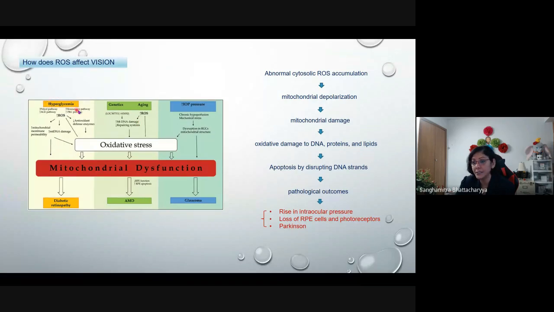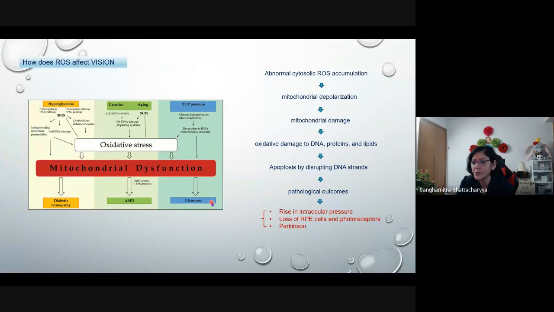So we see that hyperglycemia, which is an increased level of glucose in the blood, normal aging and the genetics of the person, even a rise in intraocular pressure can give rise to oxidative stress inside the mitochondria, leading to mitochondrial dysfunction, which leads to the formation of diabetic retinopathy, age-related macular degeneration, and also glaucoma.